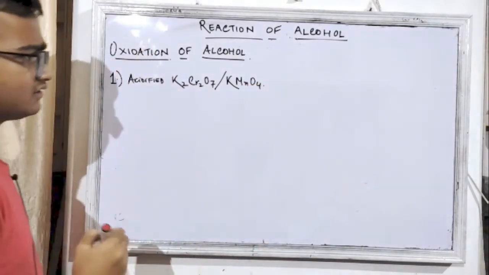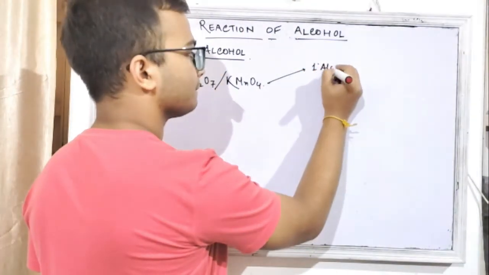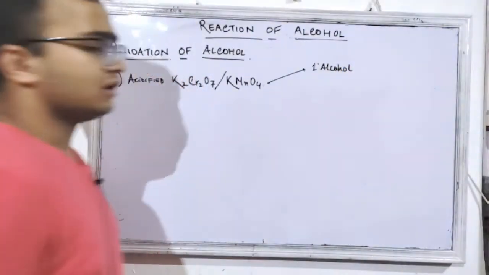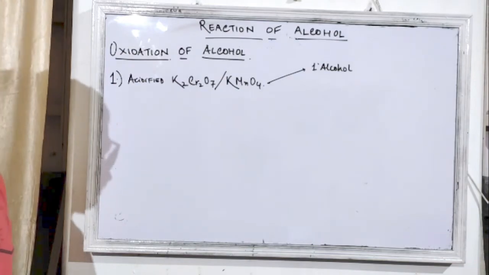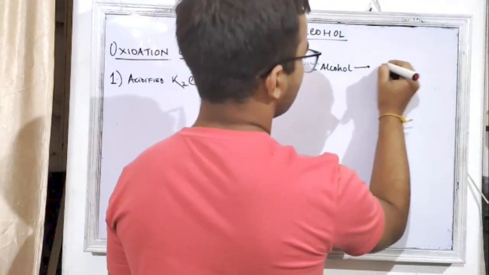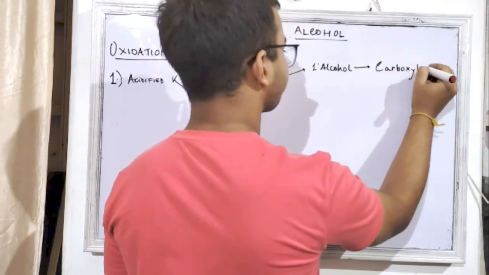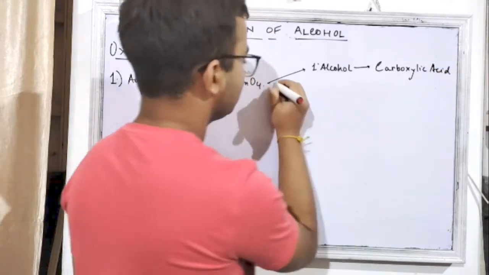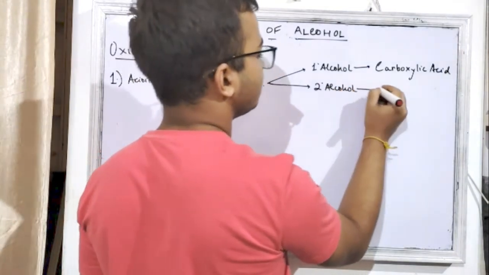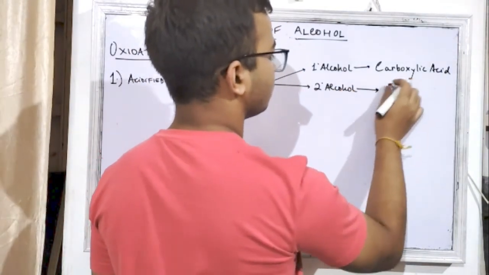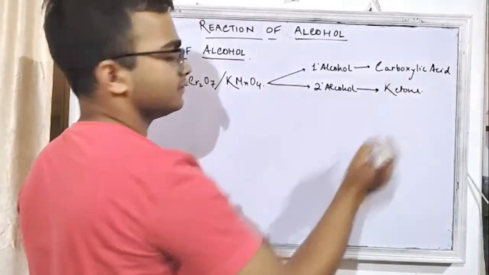Okay, now for this case, if this is 1 degree alcohol, then it will be converted to your carboxylic acid. If this is 2 degree alcohol, it will be converted to your ketone. Okay, no aldehyde is being formed over here.